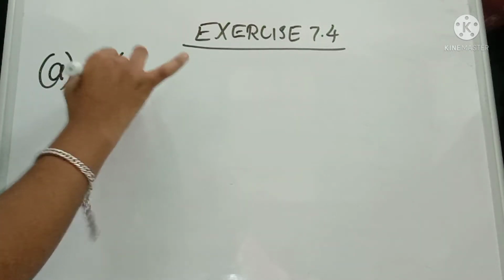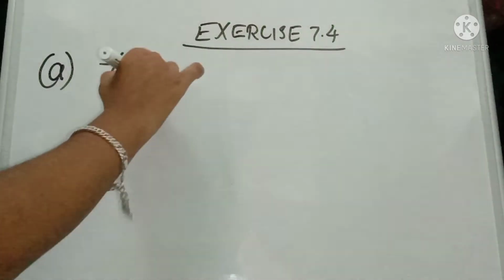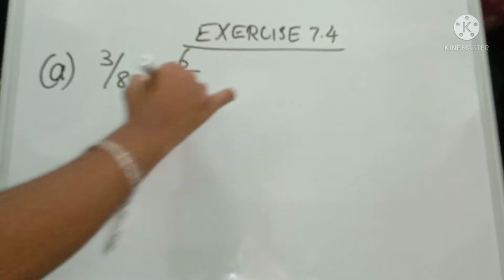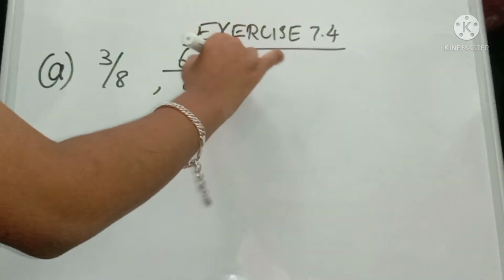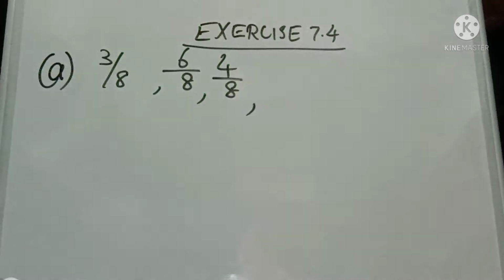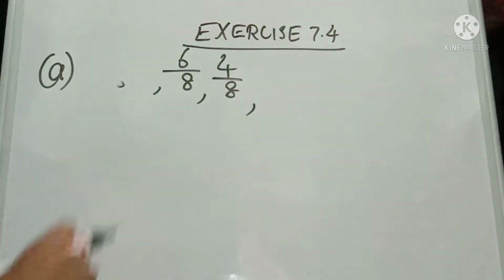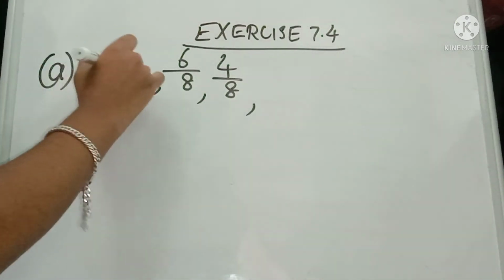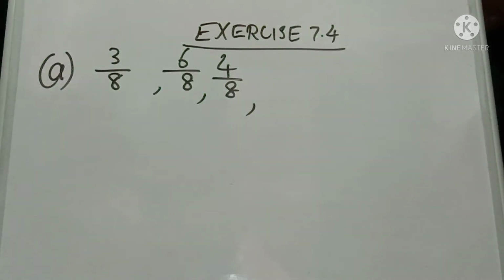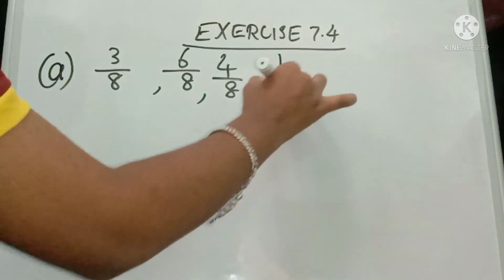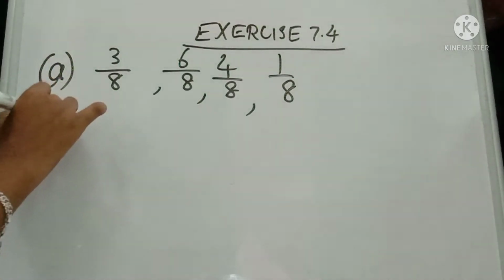So 3/8, 6/8, 4/8, then 1/8. So you have to arrange them in ascending order.